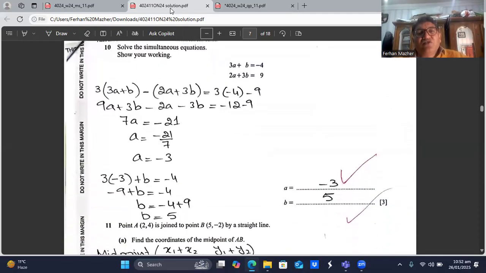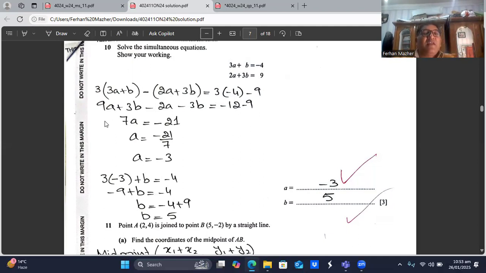You can see on your screen what I am going to do. I'm going to multiply the first equation by 3, and then from that, I'm going to subtract the second equation. So you get 3(3a + b) - (2a + 3b) = 3 times -4 minus 9. The left side will be subtracted from the left side, and the right side from the right side.